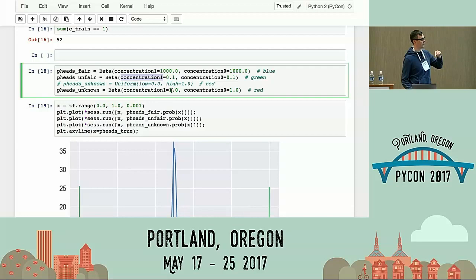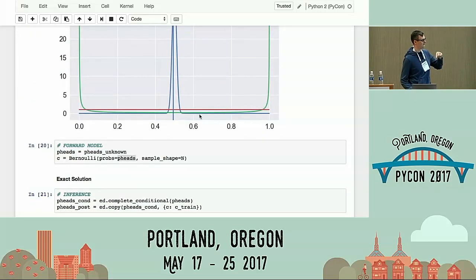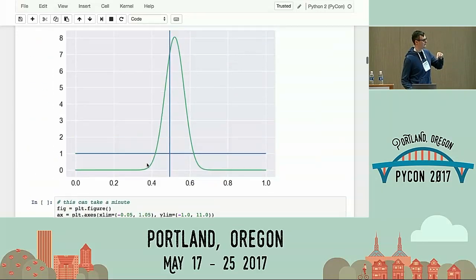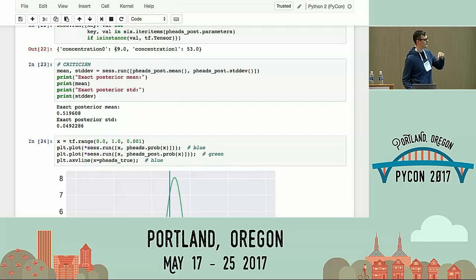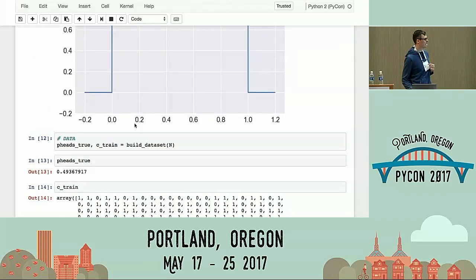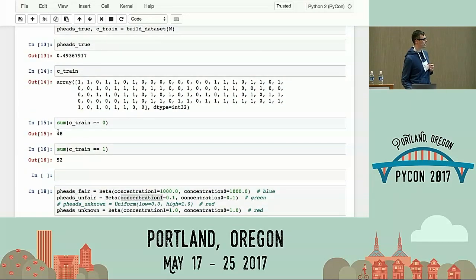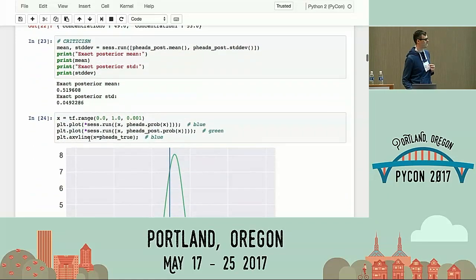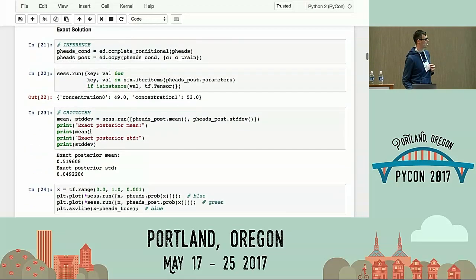So we started with 1, 1, which gave us this flat line. But now after doing this analysis, we're getting 49 and 53. And maybe you have seen that there was 48 and 52 here. If you look again at the numbers, 49, 53, minus 1 each is 48 and 52.